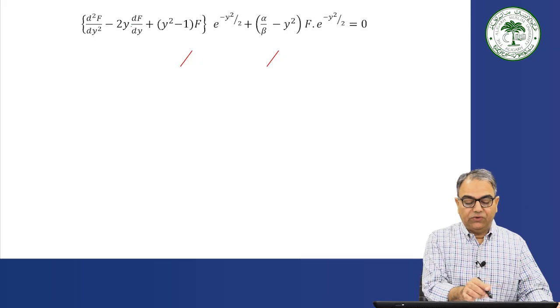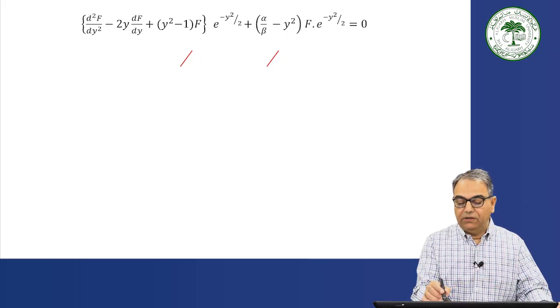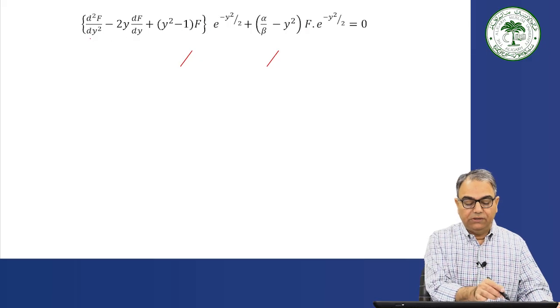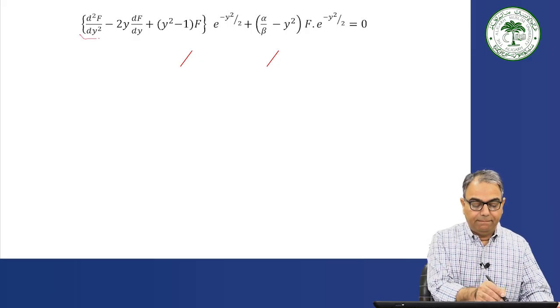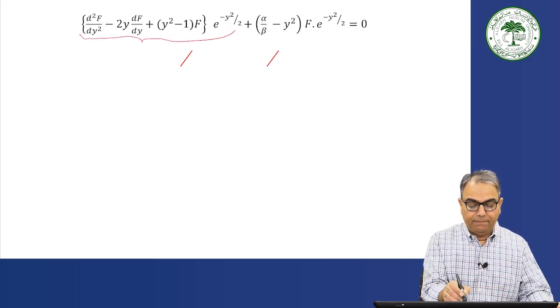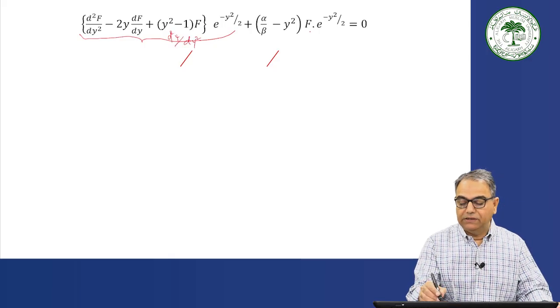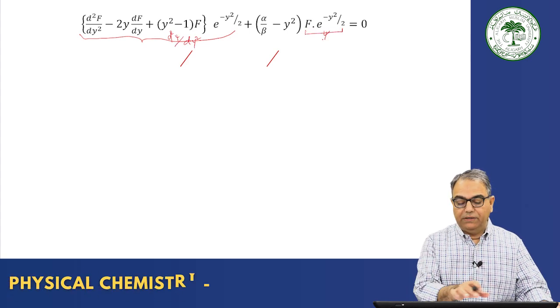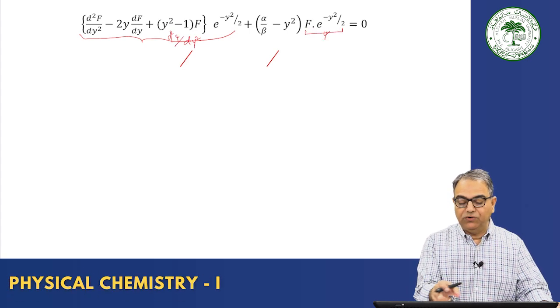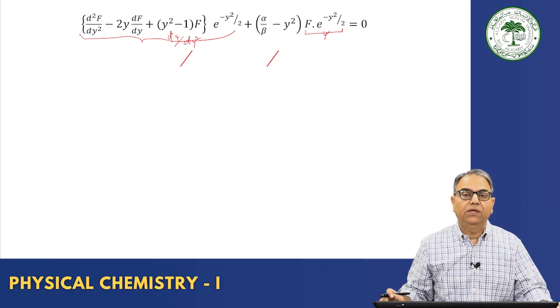So, this was your d²ψ/dy² and this is your ψ value. So, now if you put these two values, you go to the equation number 1.